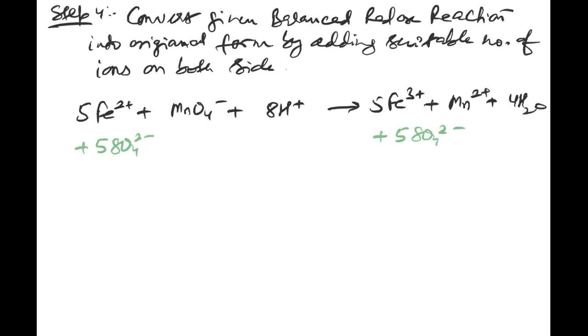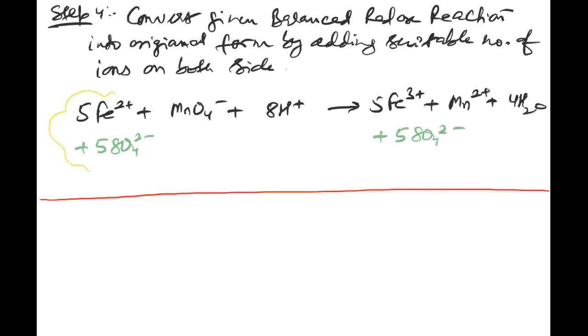Now, if you have to write this reaction in original form, these 5 ferrous and 5 sulfate may be written as 5 FeSO4.